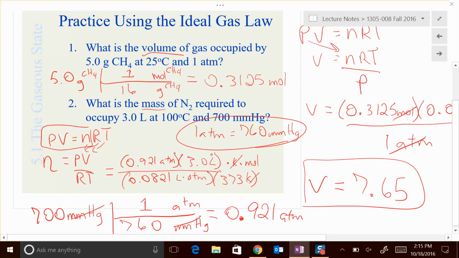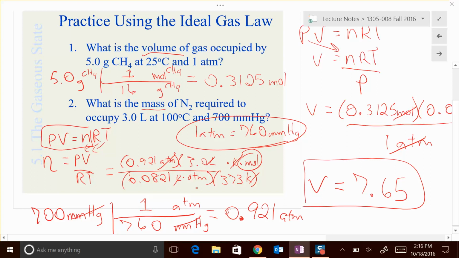Kelvin temperatures cancel, moles. Oops, I'm sorry. We want the moles. Liters cancel, atmospheres cancel. I'm left with moles. Because otherwise I would have put them down here. And whenever you do that, they move to the top. So that's why, and you can see how they cancel better that way.